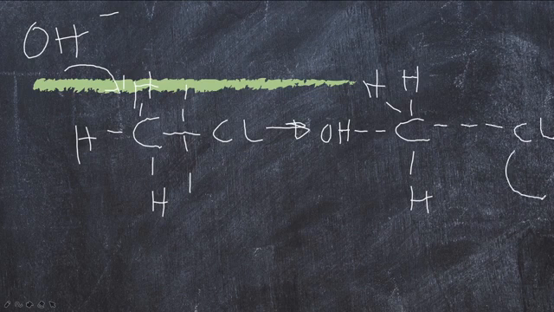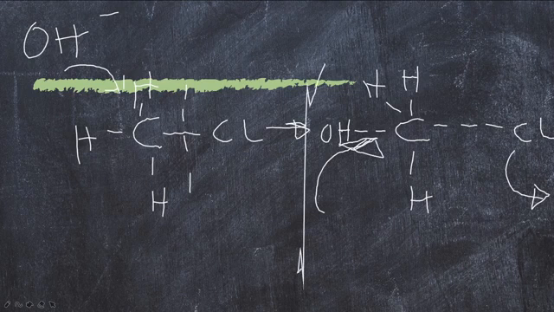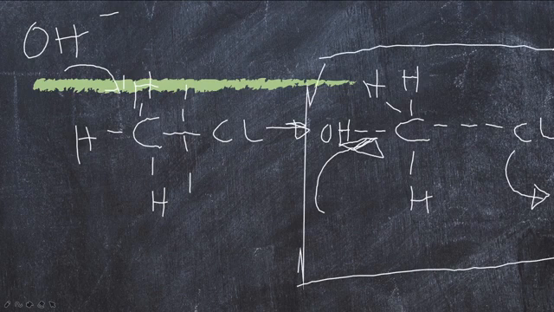So I can just illustrate with an arrow. This is leaving and this is forming. This is forming and that is leaving. And this state that I just drew is called the transition state that I was talking about earlier, whereby the OH bond is not completely formed and the Cl bond is not completely broken. That's just what I was trying to say earlier.